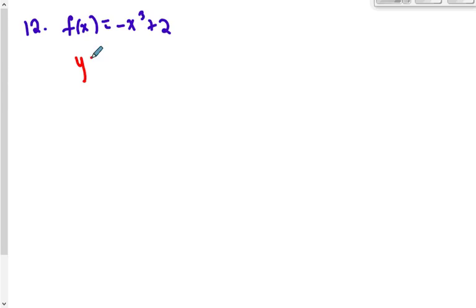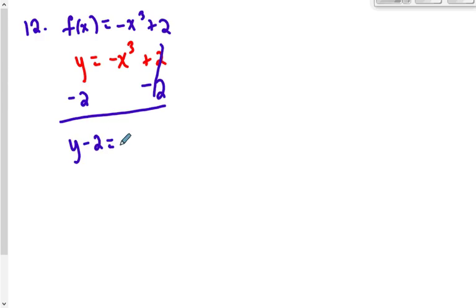Then let's go ahead and find the inverse. So we have y equals negative x cubed plus 2. So then we are going to subtract 2 from both sides. And we have y minus 2 equals negative x cubed. Divide by negative 1. So we get negative y plus 2 equals x cubed.